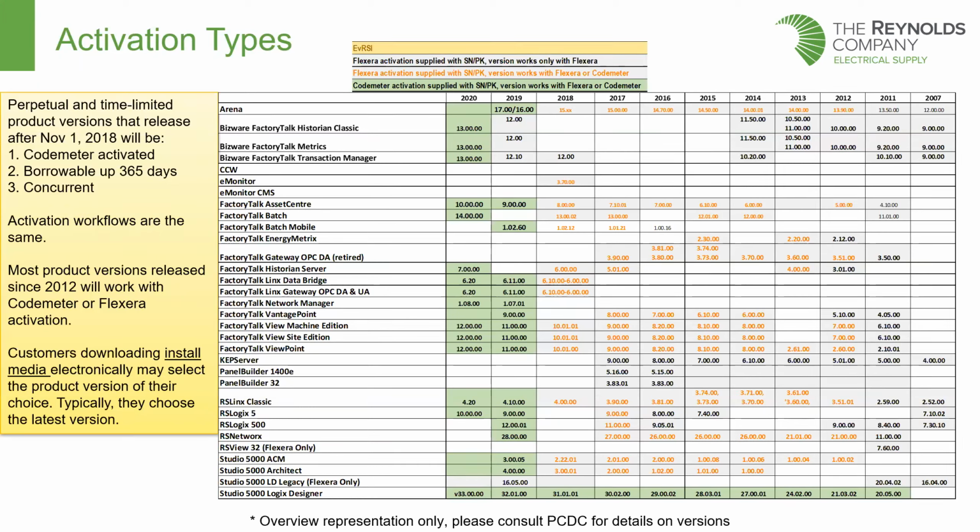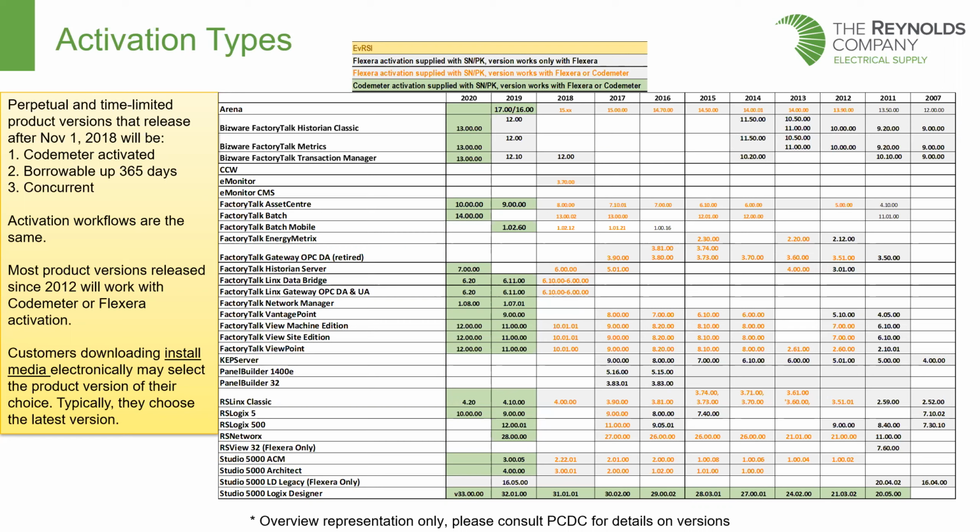I mentioned Flexera and Codemeter. With Flexera, there's some stop gaps in between. So this very eye-heavy matrix shows you the various versions that are compatible with one or the other or both. There are a lot of versions that are compatible with both.